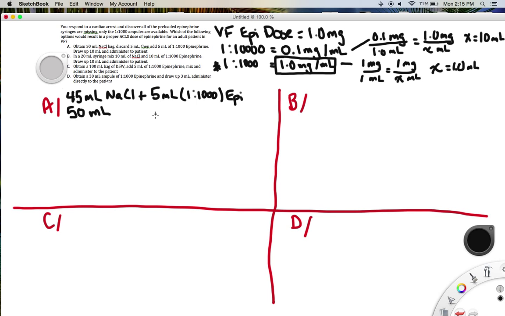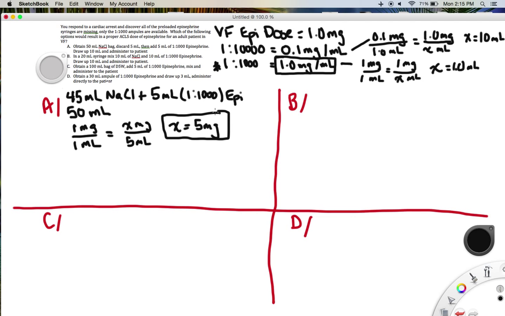Well, what is the concentration now in that 50 mils? It's pretty straightforward. If we now say that 1 in 1,000 is 1 milligram per 1 mil, how many milligrams is in 5 mils? Solve that out. X equals, obviously, 5 milligrams.